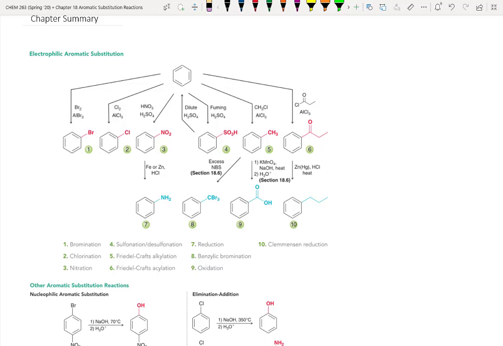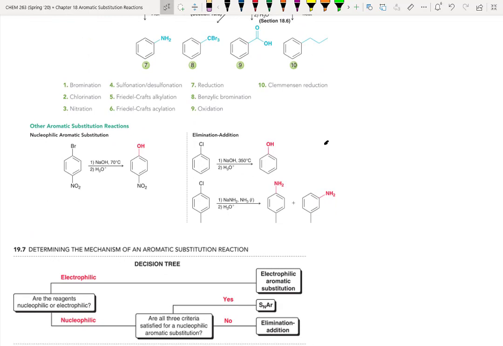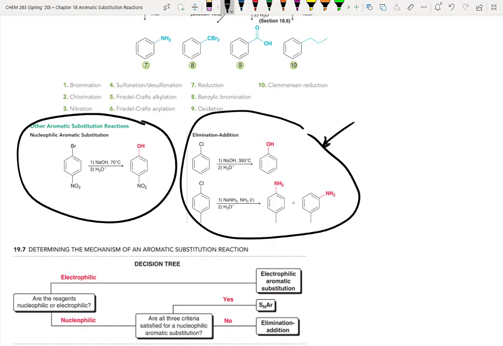And then from there, we can form derivatives where we can do things like the Clemmensen reduction, we can oxidize benzylic carbons, we can do bromination of benzylic carbons, we can reduce nitro compounds, all of that good stuff. We also just covered these last 2 reactions that aren't electrophilic aromatic substitution reactions. The first one was this nucleophilic aromatic substitution, and then the second one was elimination-addition.